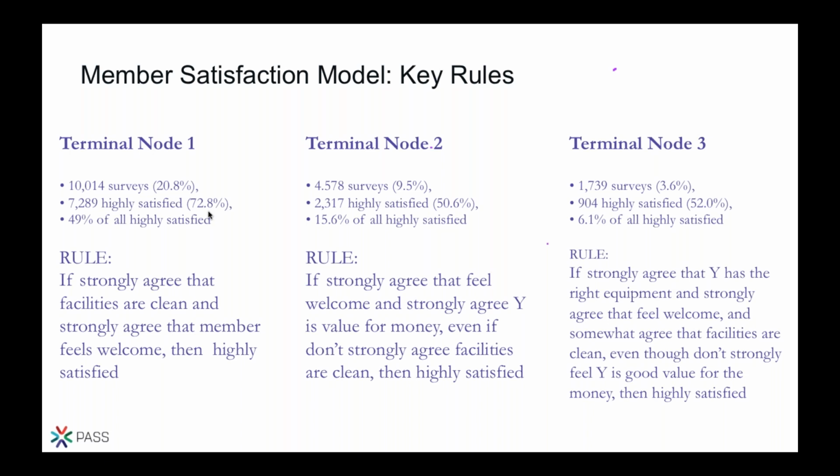Bingo, you're there. Now, what else is very important with this is this. 49% of all the highly satisfied members of the Y in this data set match this rule. This is almost half of the highly satisfied ones. That says something very important for the local branches when they're looking at this kind of rule.